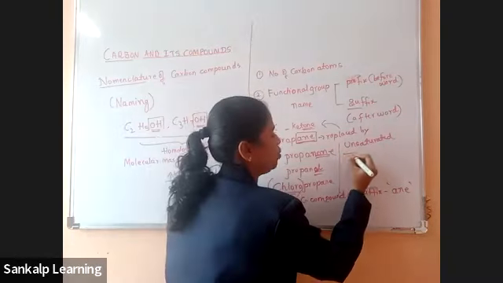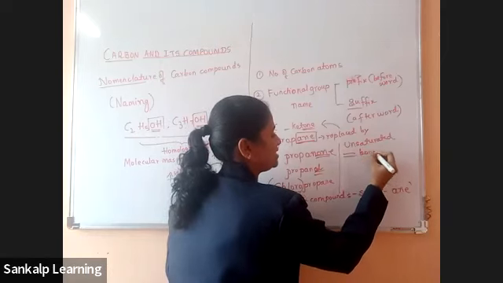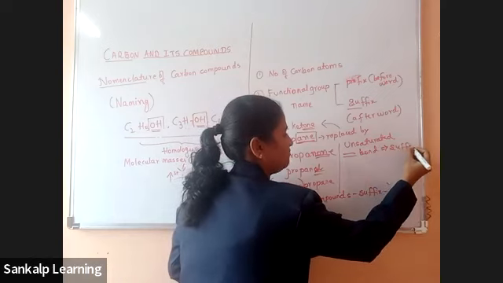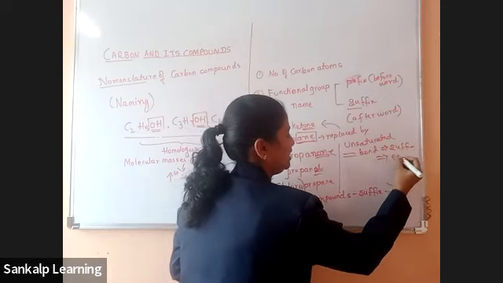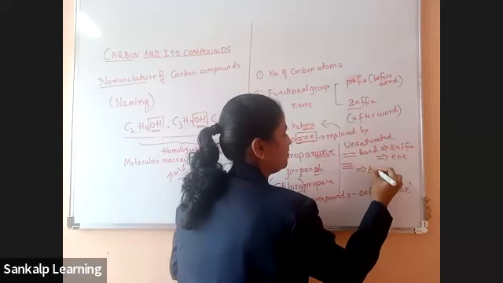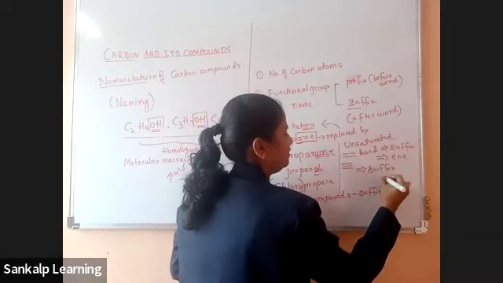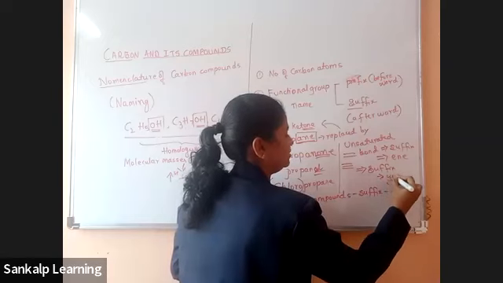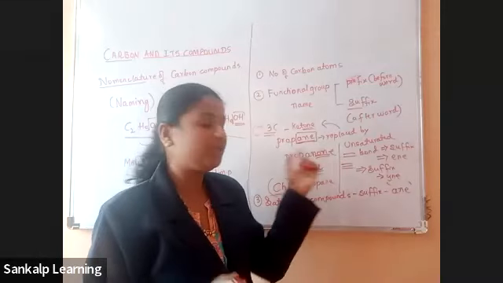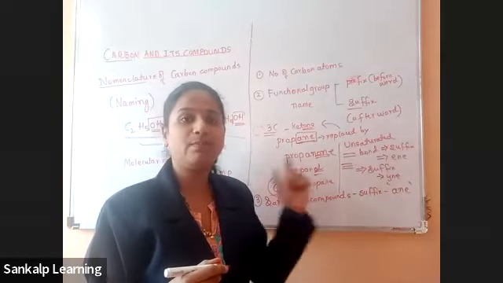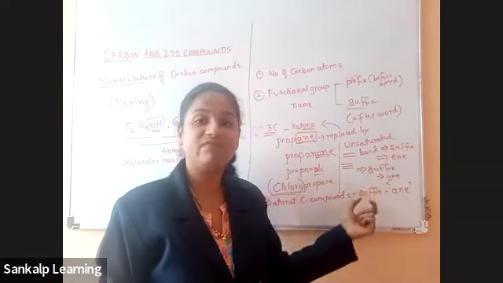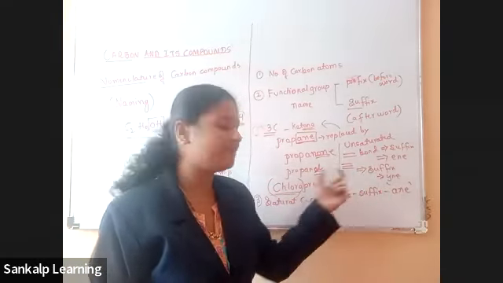When it is a double bond, the suffix will be ene; when it is a triple bond, the suffix will be yne. Methene, ethene, propene: ene indicates a double bond. Yne, Y-N-E, indicates a triple bond.